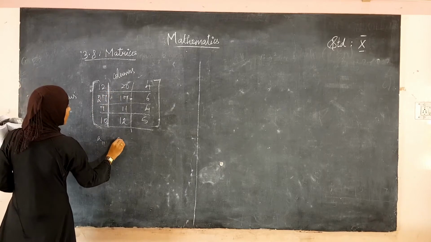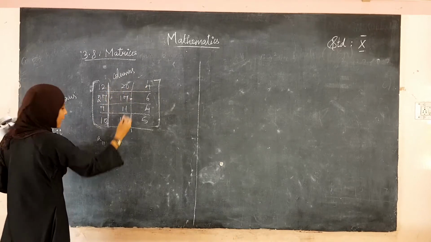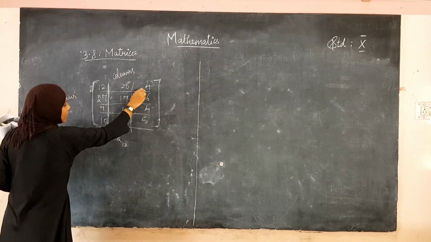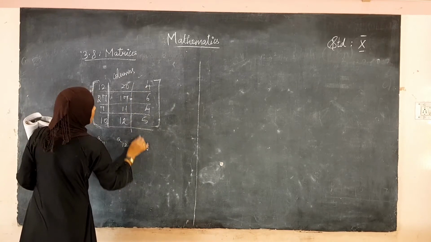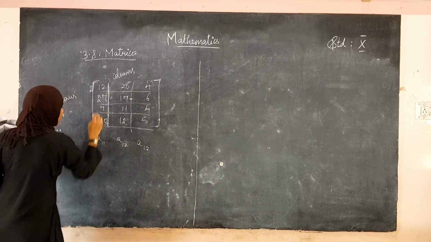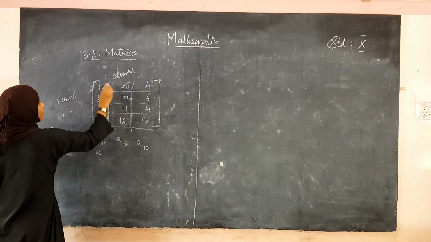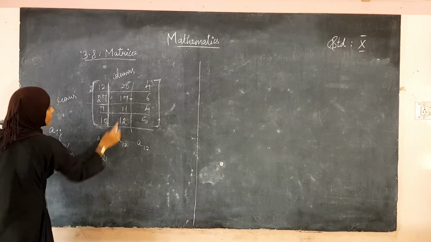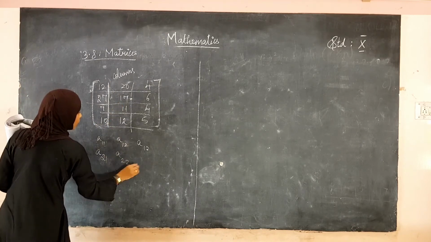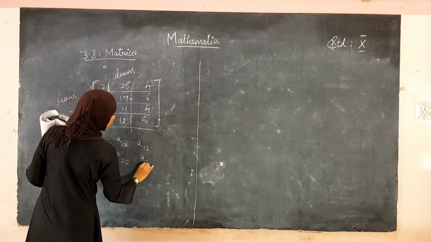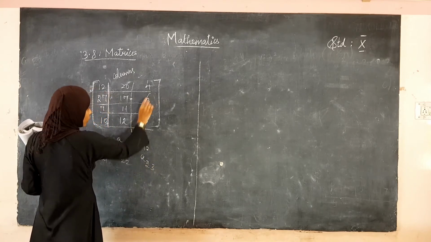This one is first row and second column, A12, and this one is A13, first row, third column. This one is second row, first column, so A21. This one is A22, and this one is A23 because it is second row, third column.